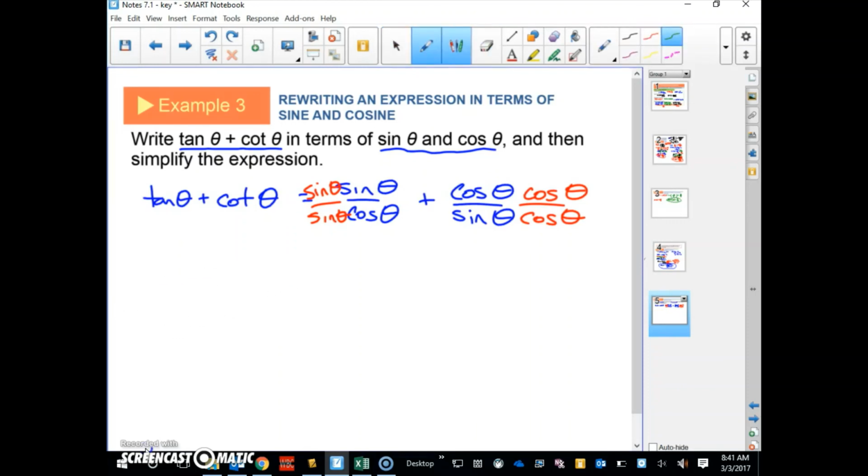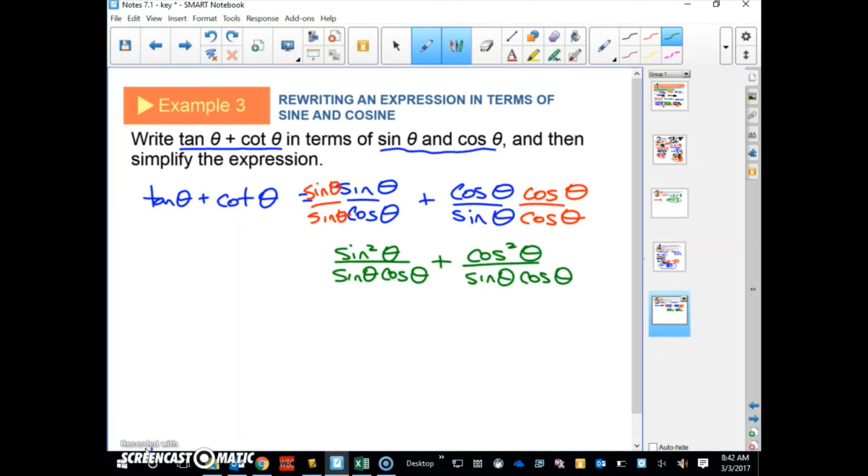If you clean that up a little bit, sine theta times sine theta is sine squared theta over sine theta cosine theta. And cosine theta times cosine theta is cosine squared theta, and this one's over sine theta cosine theta. You have a common denominator now.